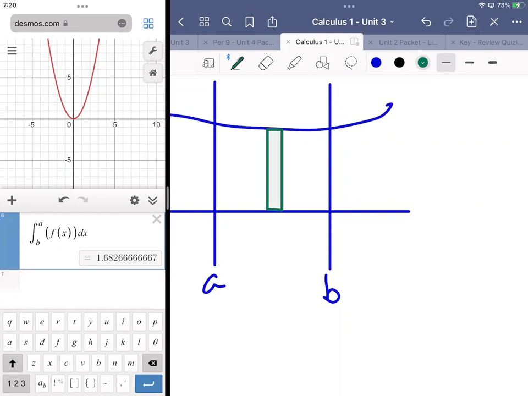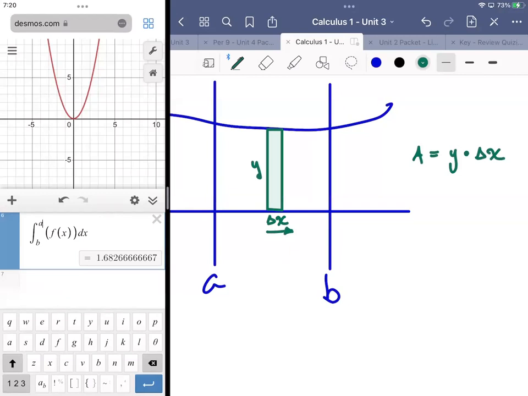This area would be generated by whatever the height is at this location. So this would be some value y, and this would be some delta x value, going from left to right. So that area would be some value of y times delta x for just that one rectangle.